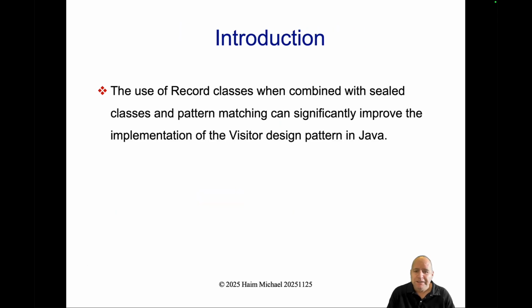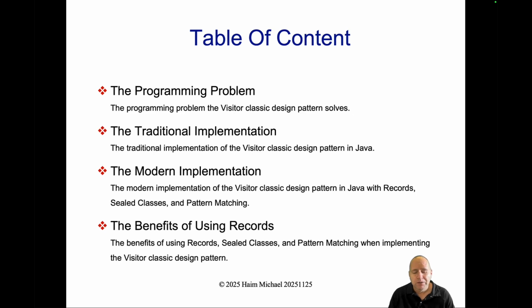The use of record classes combined with sealed classes and pattern matching can make it simpler to implement the visitor design pattern. Our talk will start with describing the problem the visitor design pattern provides a solution for.